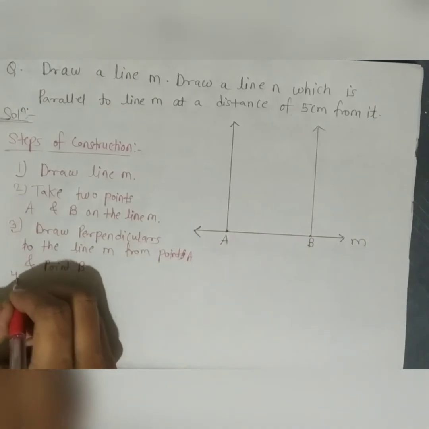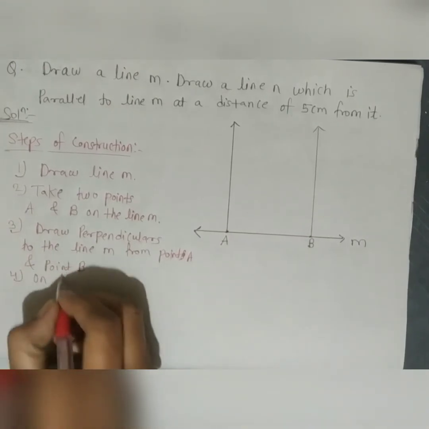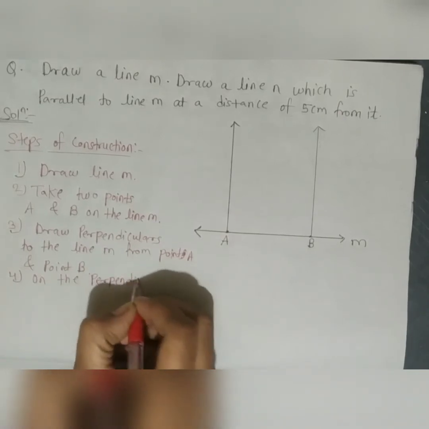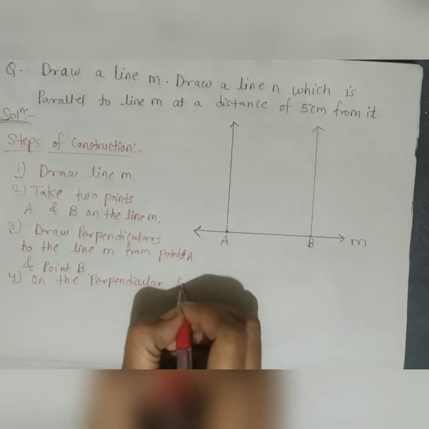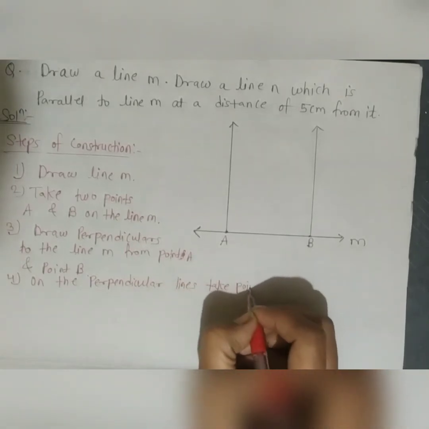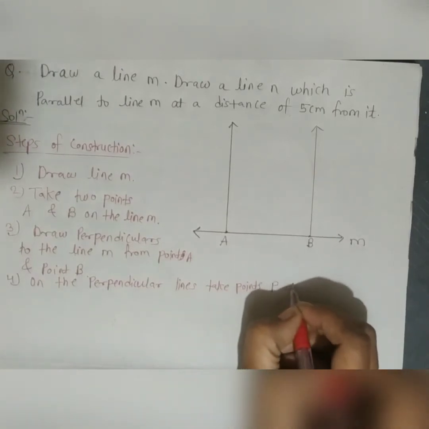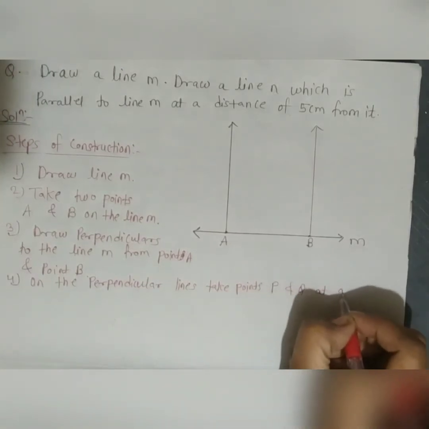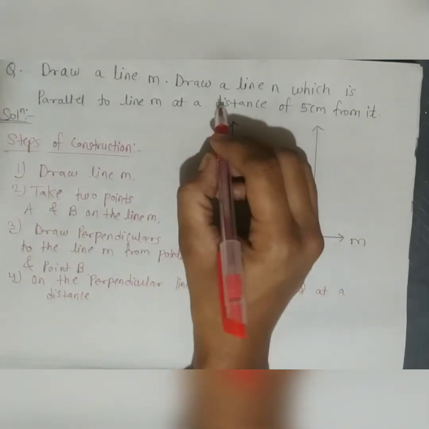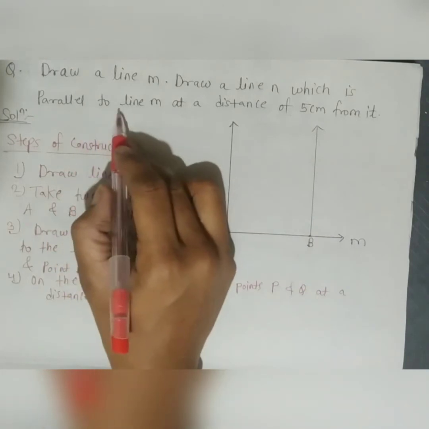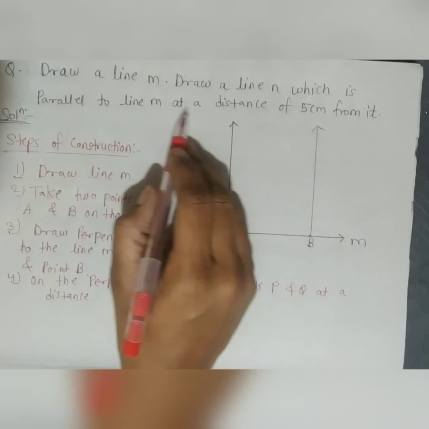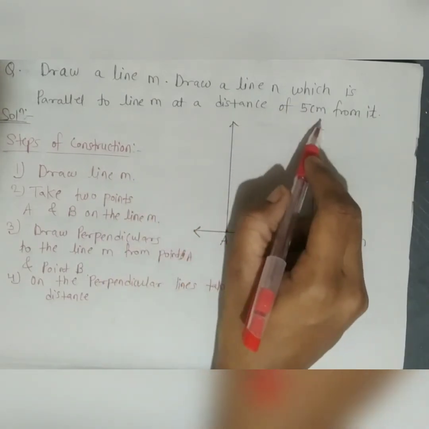Now our fourth step is, on the perpendicular lines, take, suppose I will take points P and Q at a distance. In the question it is given, draw a line N which is parallel to line M at a distance of 5 cm.